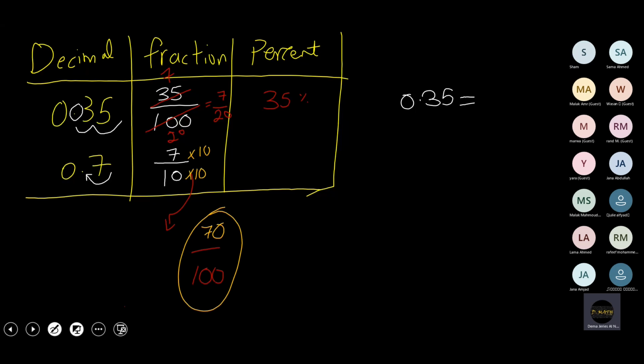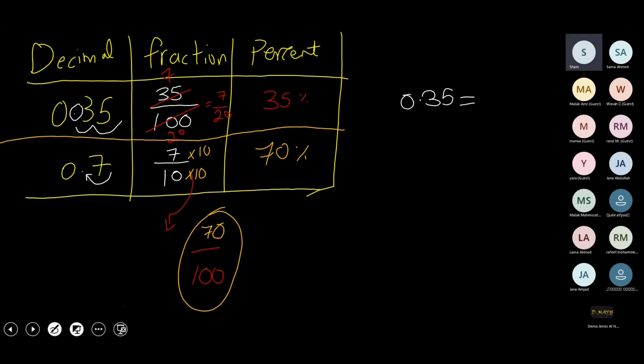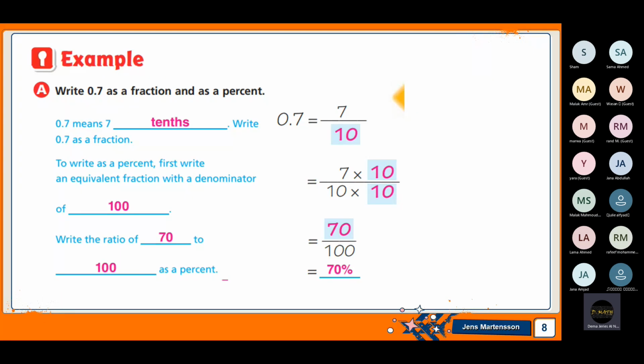Because it is now 70 over 100, it's 70%. Is it clear? Yes. So now this is how to write 0.7 as a fraction and a percent. Write your answers.